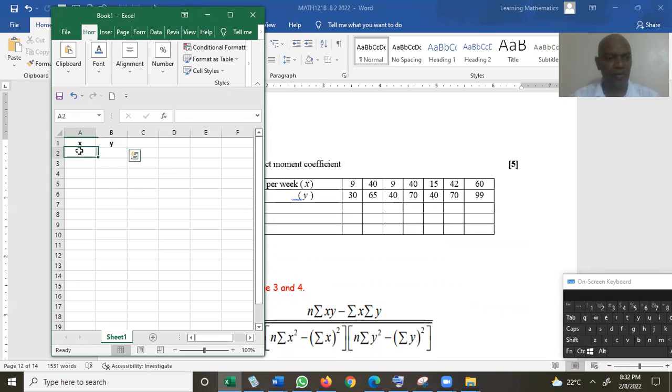So we are going to list the x values. This little preparation will go a long way to simplify the upcoming calculations that we are going to execute in this formula. So these are the x's: 9, 40, 15, 42, and 60.